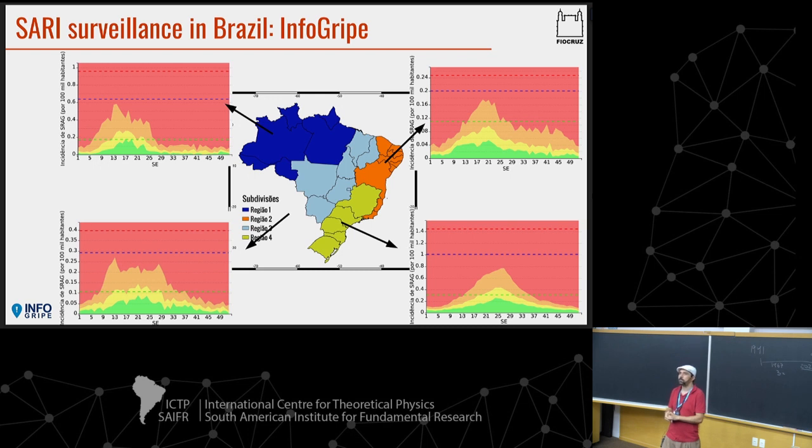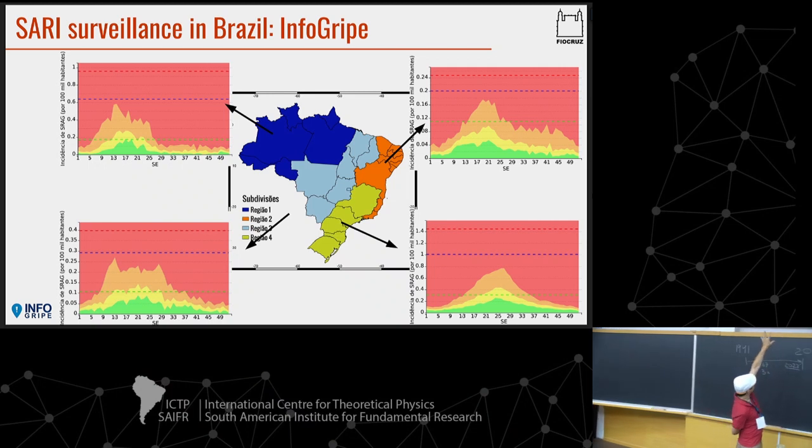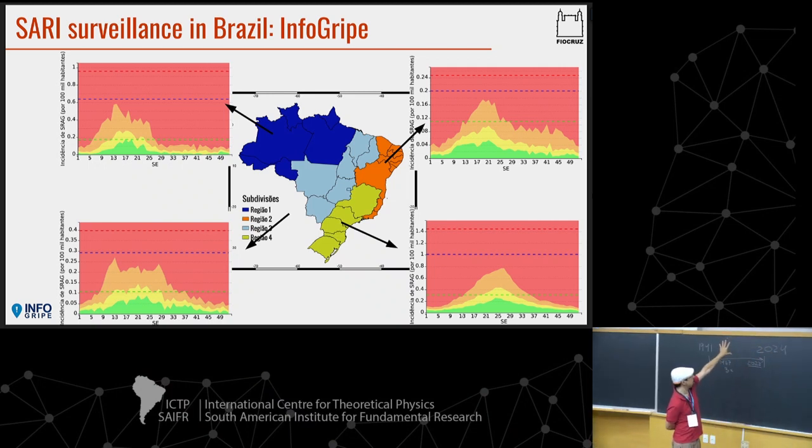Okay? This is associated with what I was saying about having or not having a clear seasonal pattern and how it affects your endemic channel if you don't have a clear pattern of when things get worse. And this is why the moving epidemic method is an adaptation of the endemic channel.